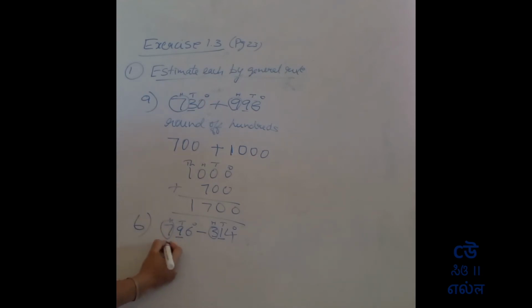So 9 is greater than 5, stronger number, so you have to increase 7 to 8. Next, 1 is less than 5, weaker number, so 3 will be as it is. So 800 minus 300 is how much? 500. Okay, 500 is the answer.